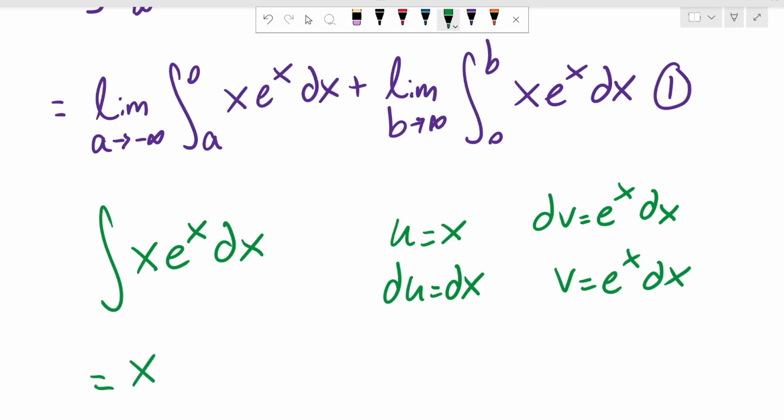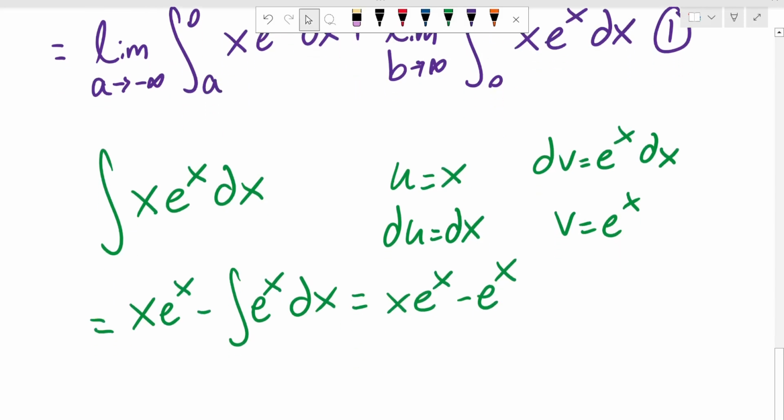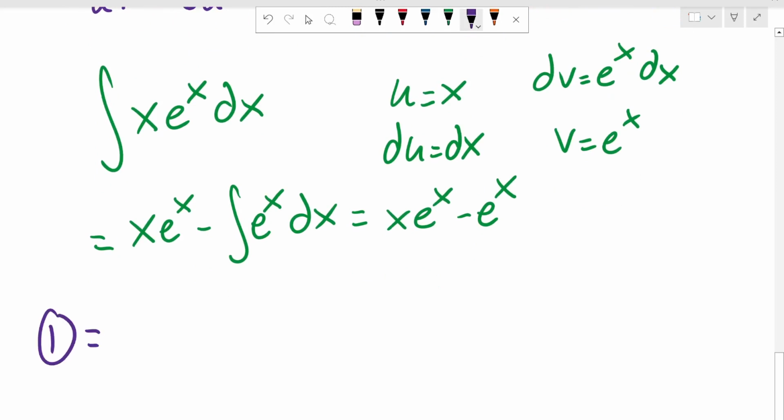So this will be equal to x times e to the x minus the integral of e to the x dx. Okay, so remember it's u times v minus the integral of v du. So luckily that's a pretty easy integral, just e to the x. So now we'll refer back to 1 here.